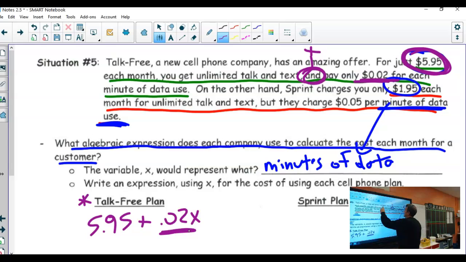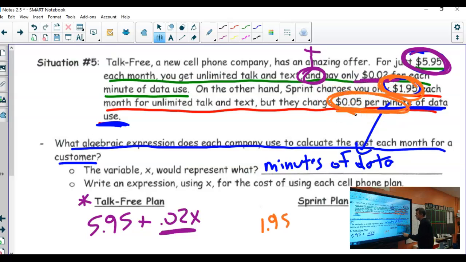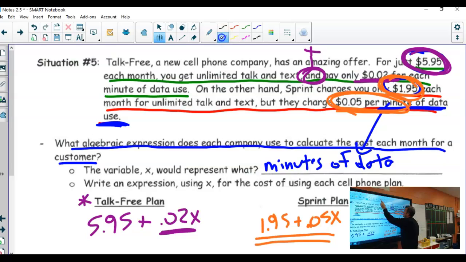What about Sprint? How much does Sprint charge me? Sprint charges me $1.95. So they start out cheaper. But they charge 5 cents per minute. So a nickel, they add on to that 5 cents times the number of minutes I use. This would be my expression for how much Sprint charges for the cell phone usage. And this would be my expression for how much Talk Free charges.